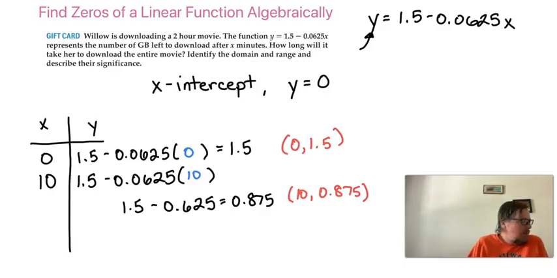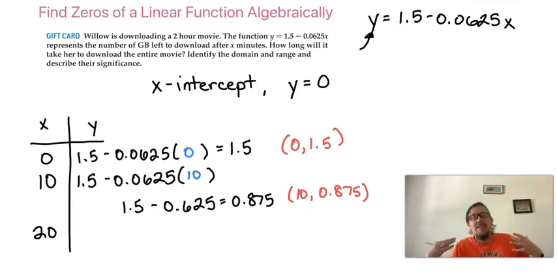And then the last point I chose to pick was 20, which is still a multiple of 10. So what I can do is take what I got for 10 on the last one, and I'm still going to move the decimal over that one spot, but instead of being 0.625, it's going to be 0.625 doubled. That's what I can do with 20.